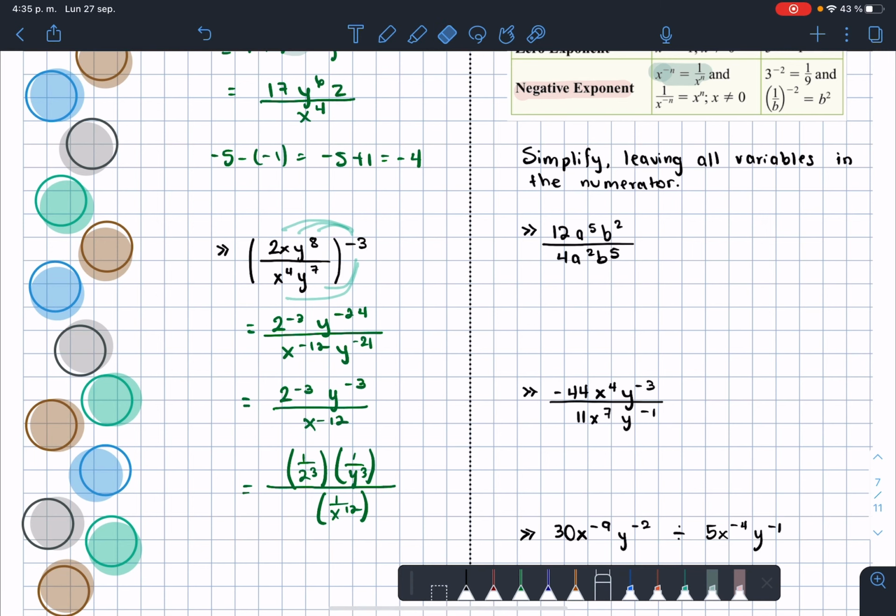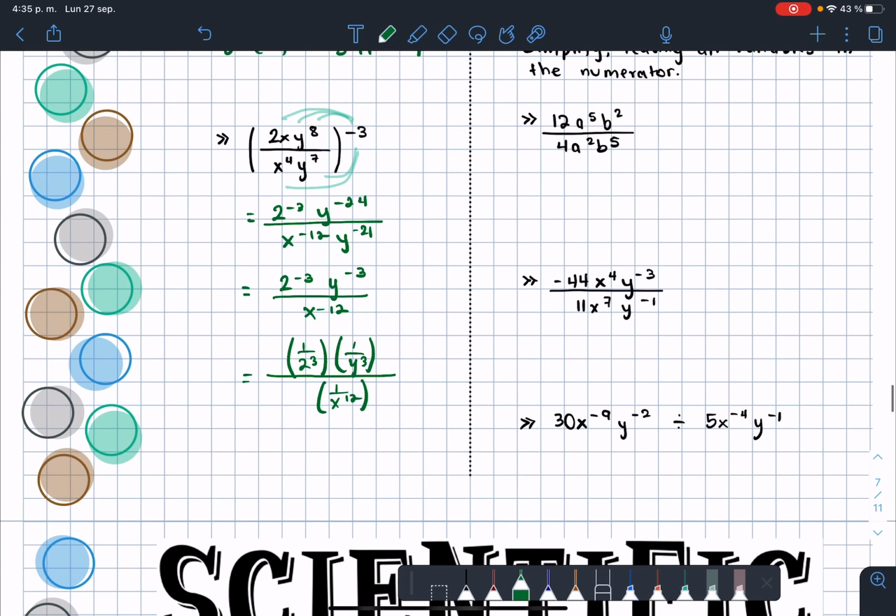This is equal to 1 over 8 y cubed, over 1 over x to the power of 12. Remember, we divide by multiplying like in a sandwich, and what we get finally is x to the power of 12 over 8 y to the power of 3.